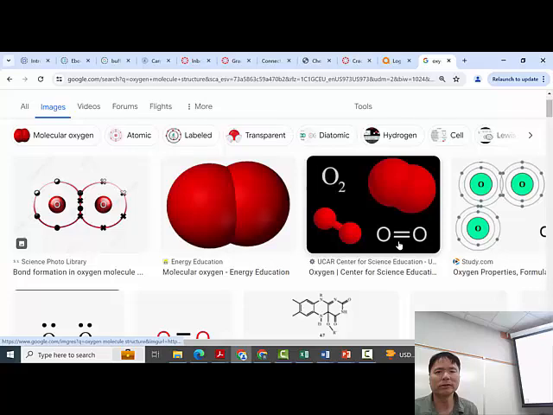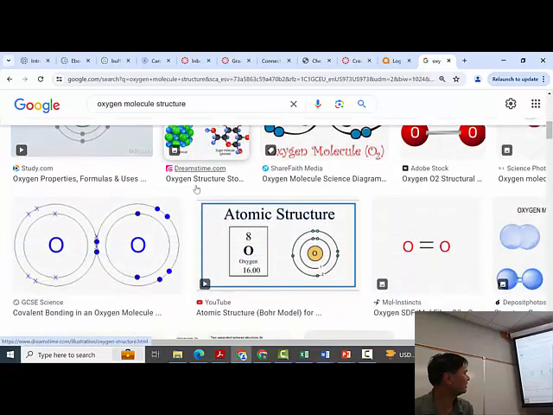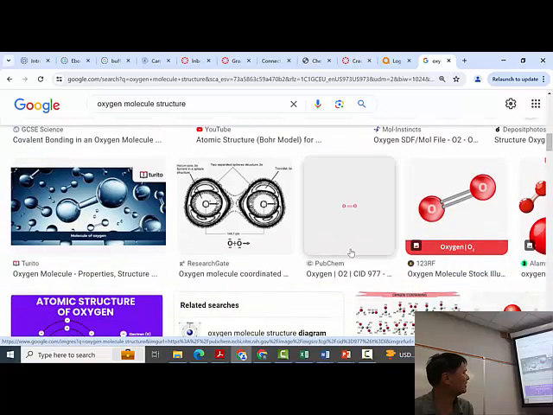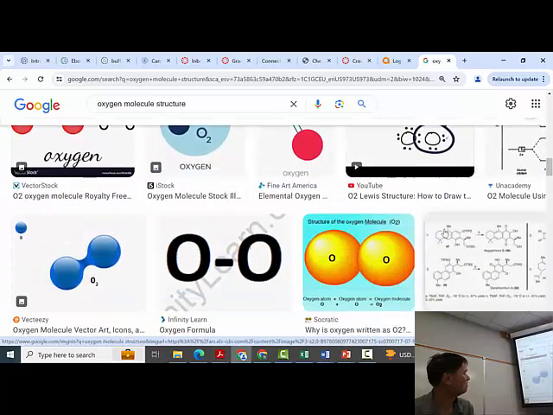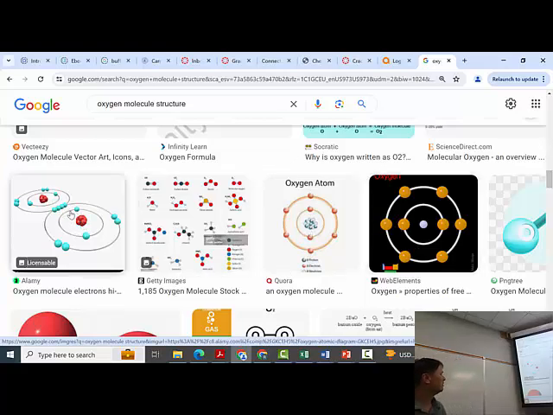Here they're not showing the lone pairs. It's a shortcut method. Here they're showing the lone pairs. Here they're not showing the lone pairs, but all these are incorrect. This is very far from correct. This kind of thing is people just looking at shells and visualizing shells. There's no orbits.